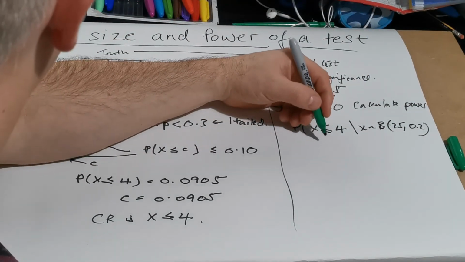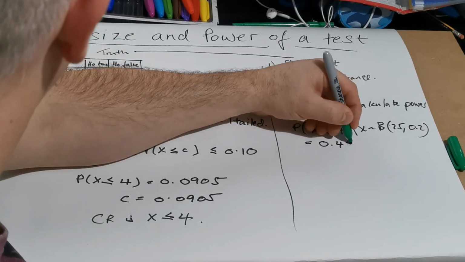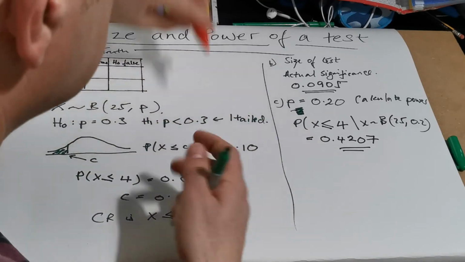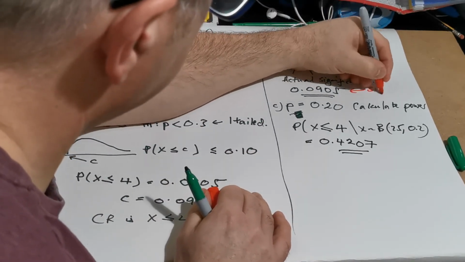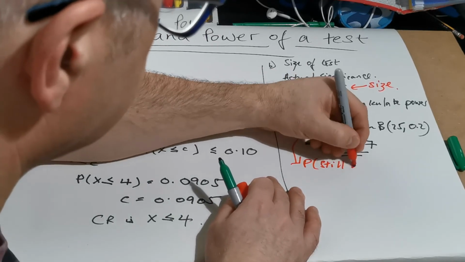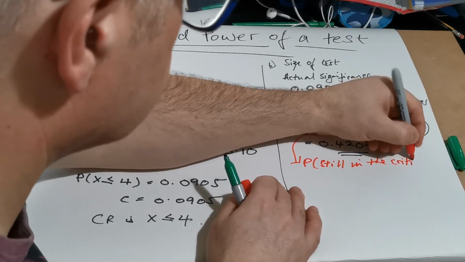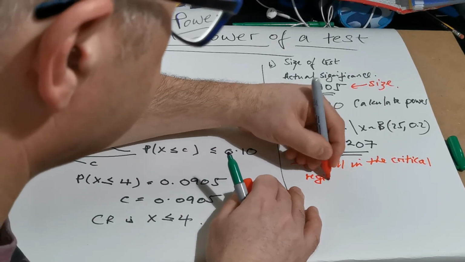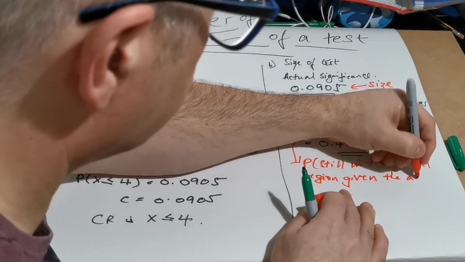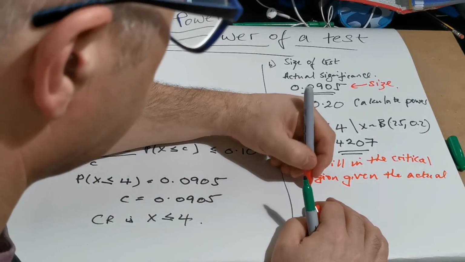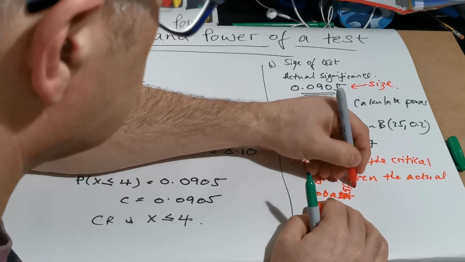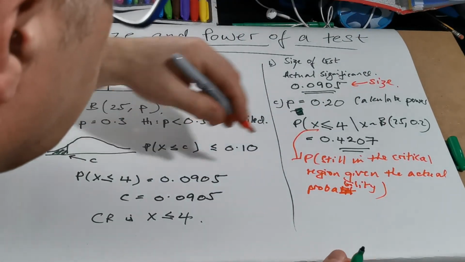And if I look at my tables, that comes to 0.4207. So that is the power of the test. So this is the size, the actual significance is the size, and the probability that it's still in the critical region given the actual probability is the power.